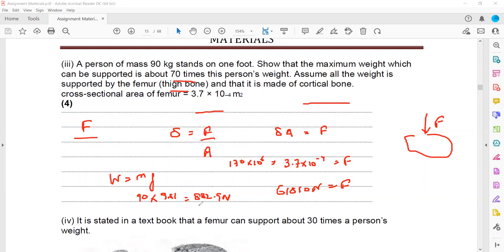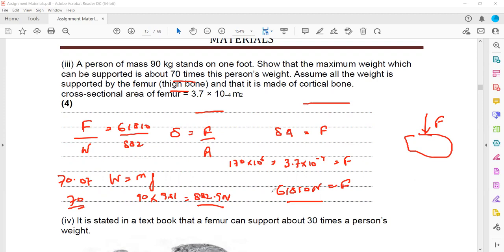Weight of the person is 882 and the maximum force on the bone is about 61,000. So when we divide them, 61,810 divided by 882, that is about 70.07, or 70 times.